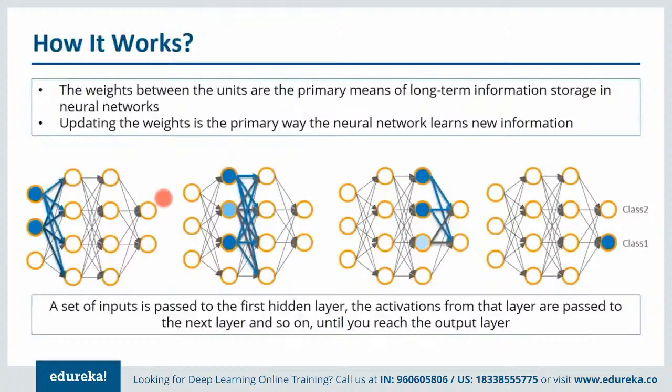The backpropagation algorithm helps the model learn and update the weights in order to increase the efficiency. This process from the input layer to the output layer is called the feed forward process. And when we backpropagate in order to increase the accuracy so that we can update the weights, that is called backpropagation. We'll understand backpropagation in more detail. So let us move forward and understand what exactly is backpropagation.